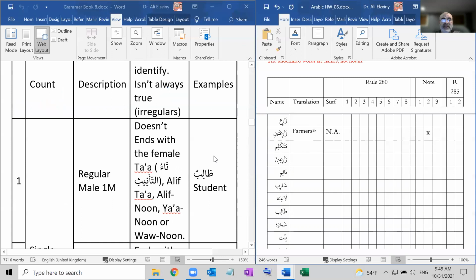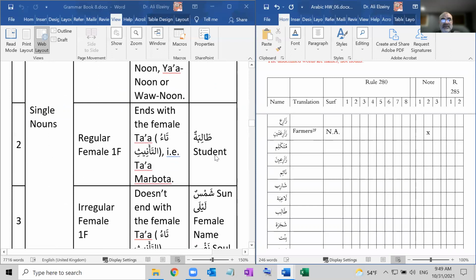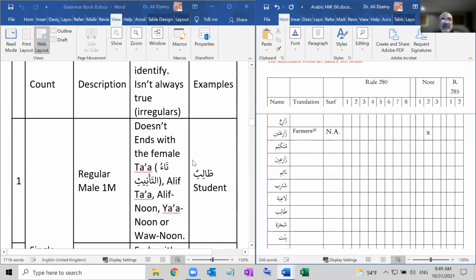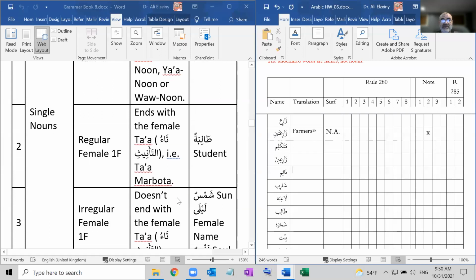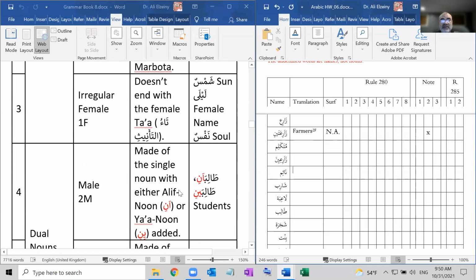Does it end with female ta? No. Does it end with female ta or alif ta or alif noon or ya noon or waw noon? No. Does it end with ta marbuta, female ta? No. Does it end with alif noon?